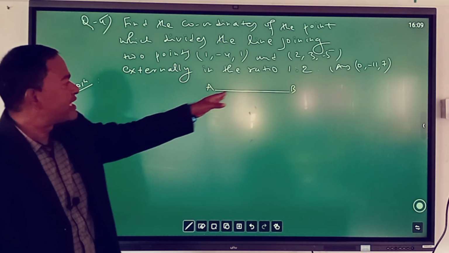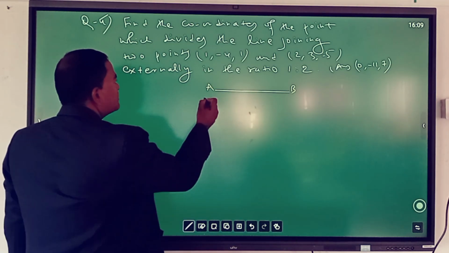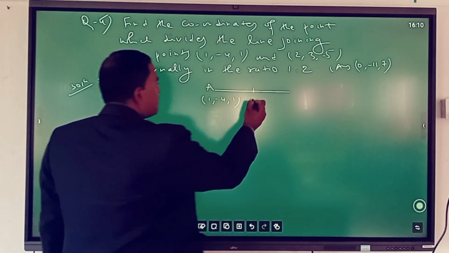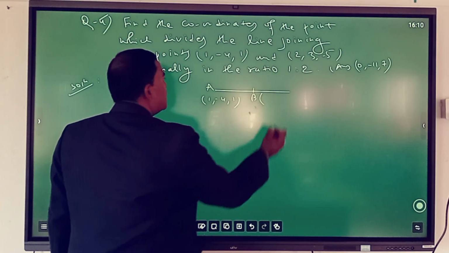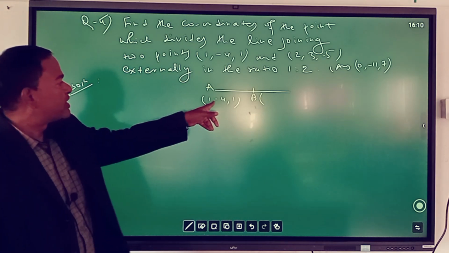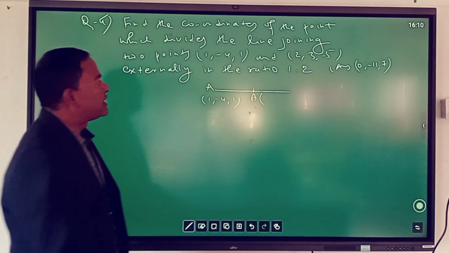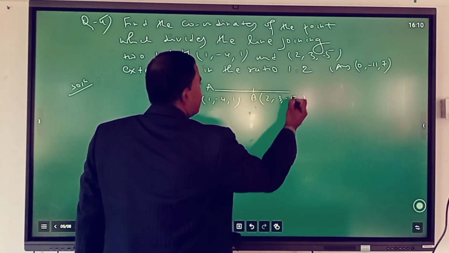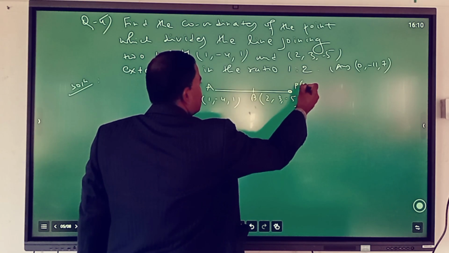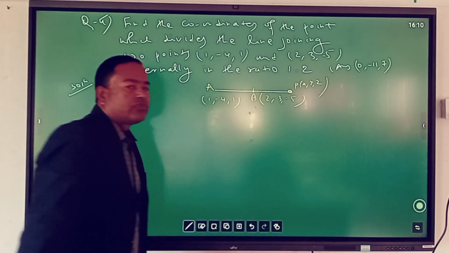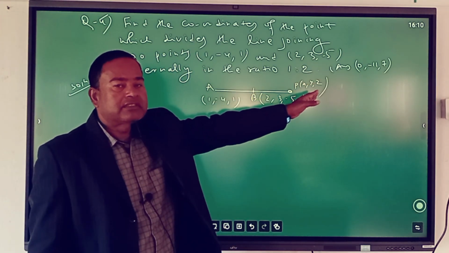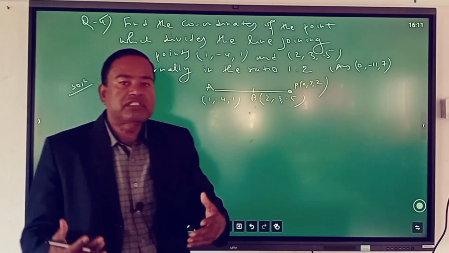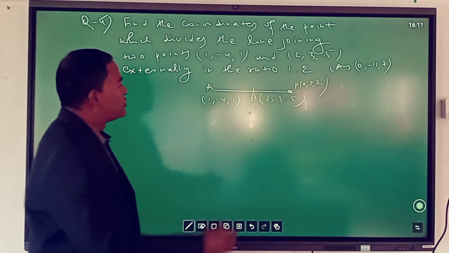Let's suppose the first point as A and the second point as B. The first point we have supposed A (1, -4, 1) and the second point is given (2, 3, -5). And now we are going to find out the point P which divides the join of AB externally in the ratio of 1:2.